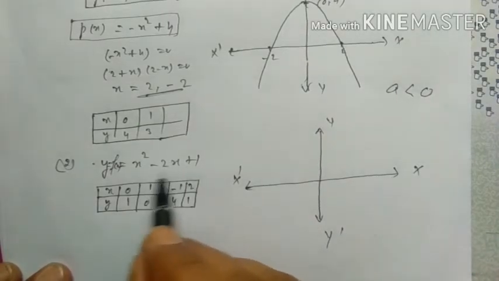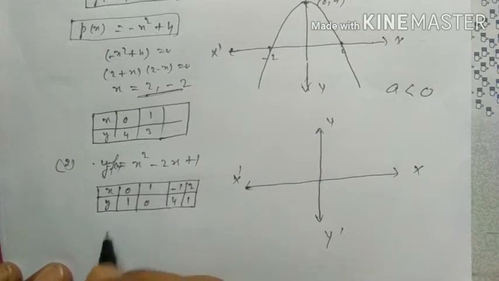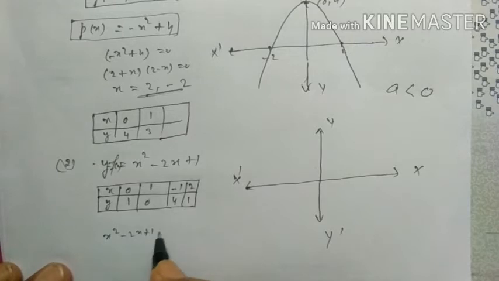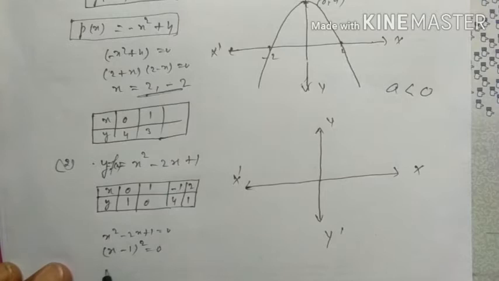The factor of this polynomial: x square minus 2x plus 1 equal to 0, x minus 1 whole square equal to 0, x equal to 1.